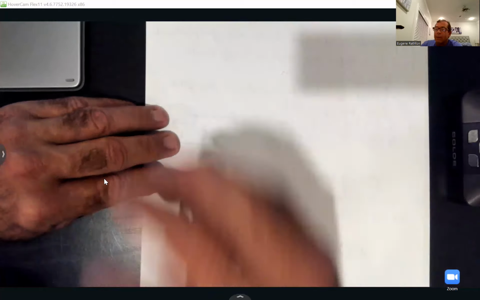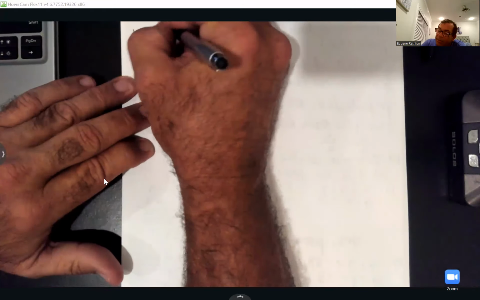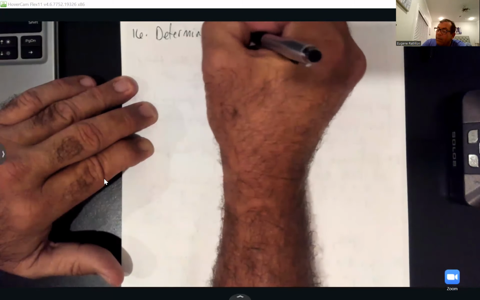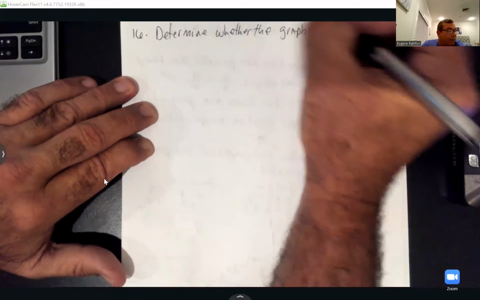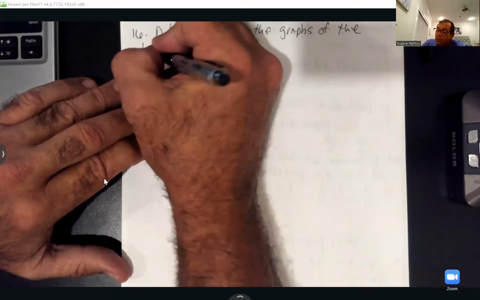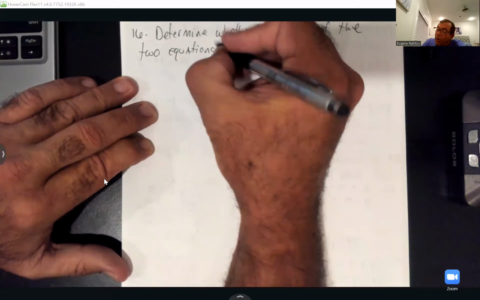All right, y'all. 16. So we got 2 more of these. Now 16, they want to know if, so this example, determine whether the graphs of the 2 equations are perpendicular.